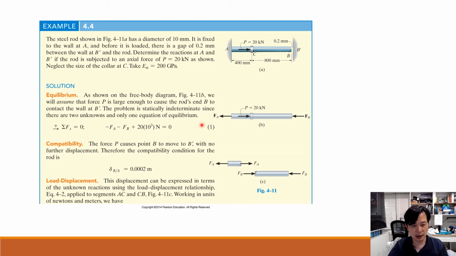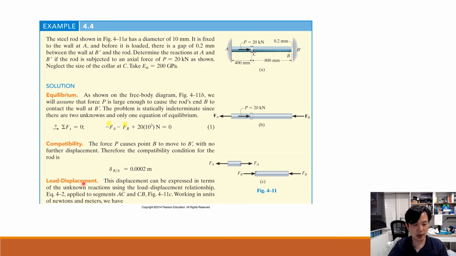Minus FA minus FB plus P equals 0, where the rightward direction is positive, the leftward forces FA and FB are given a minus sign, and the applied load is positive. Of course, you still have two unknowns, FA and FB.